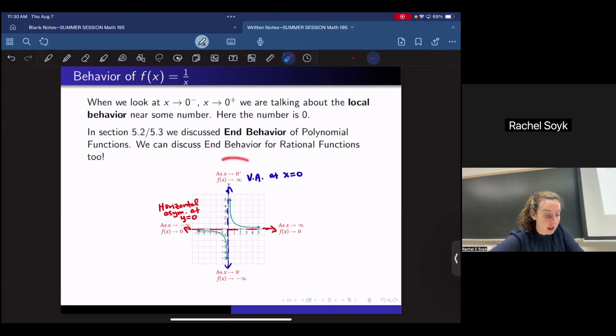So as our x approaches 0 from the right-hand side, what's happening? Our y value is shooting up to positive infinity.